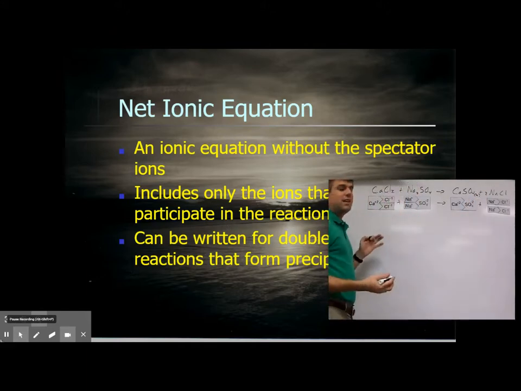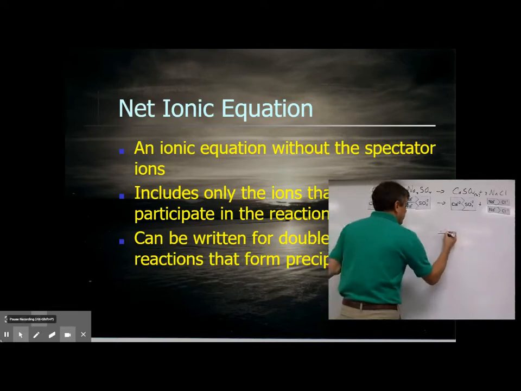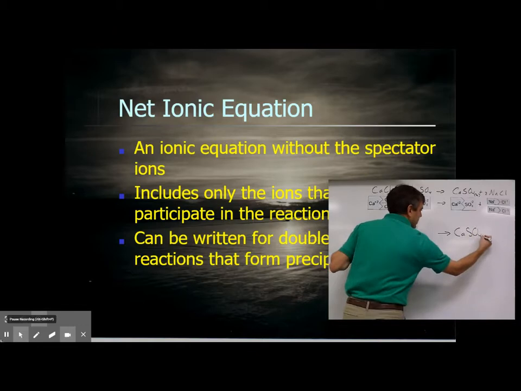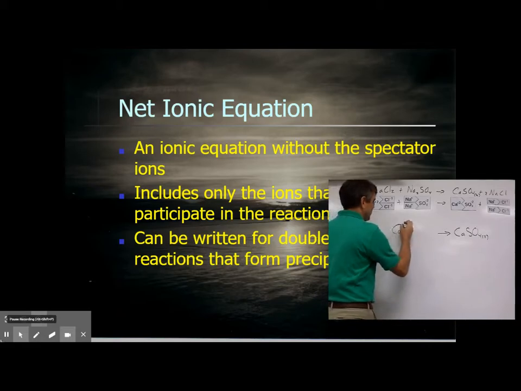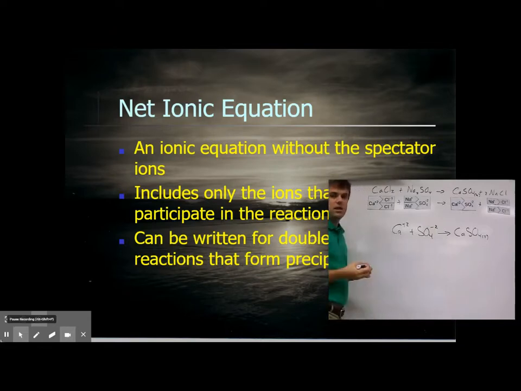So to write a net ionic equation, on the product side, we're going to have calcium sulfate. And on the reactant side, we just break it apart into calcium ions and sulfate ions.